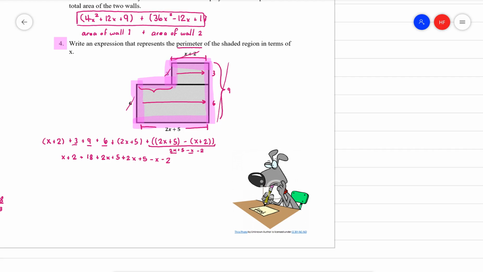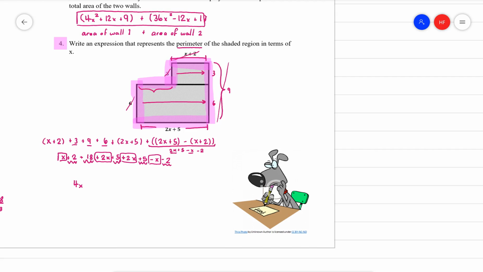So I'm looking for all my x's. I have x plus 2x plus 2x minus x. So 1 plus 2 plus 2 minus 1. It's going to give me 4 x's. And then 2 plus 18 plus 5 plus 5 minus 2. So these are my constants, and I'm going to be adding together, combining them.